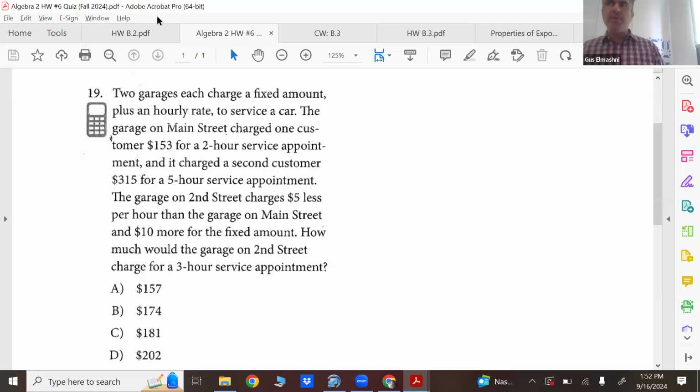I made a multiple choice so you guys somewhat feel validated with your answer once you get it. The hourly rate is how much money it is for one hour. Guys, the 153 represents the fixed amount plus the hourly rate, just so you know.